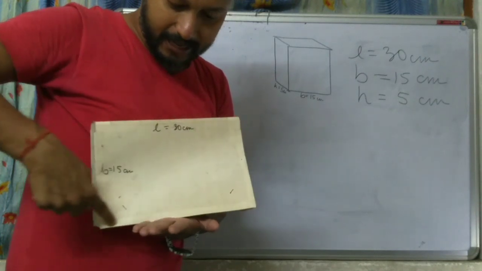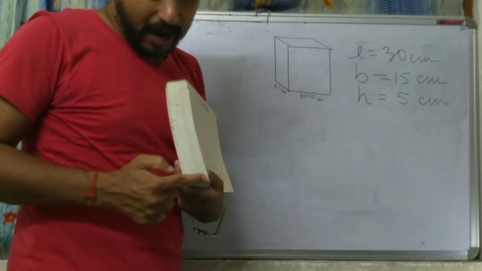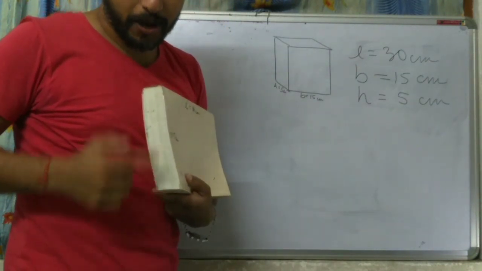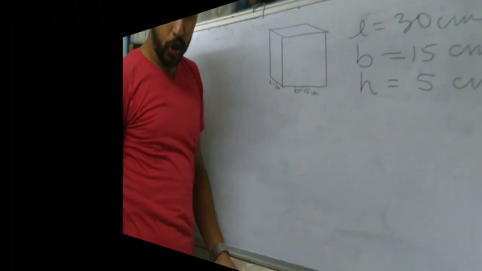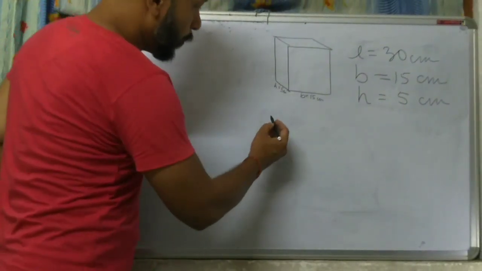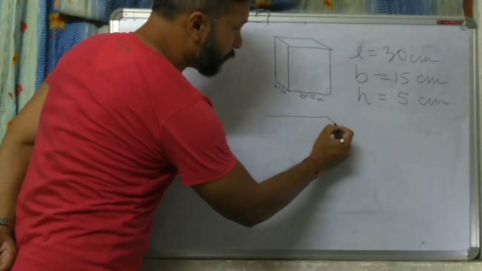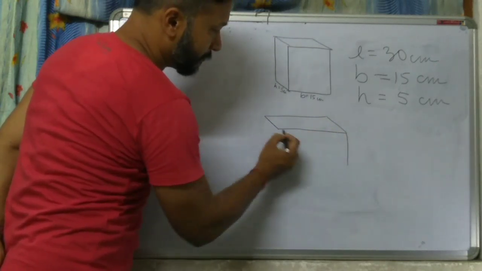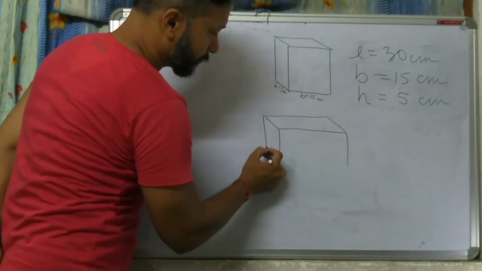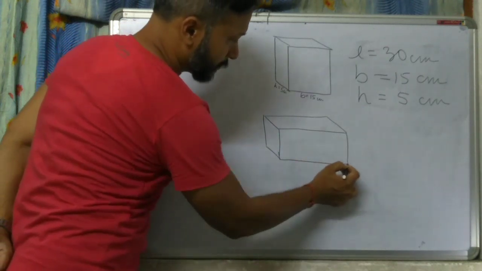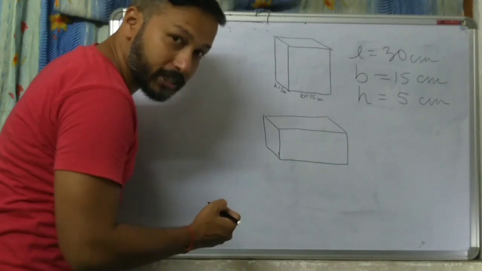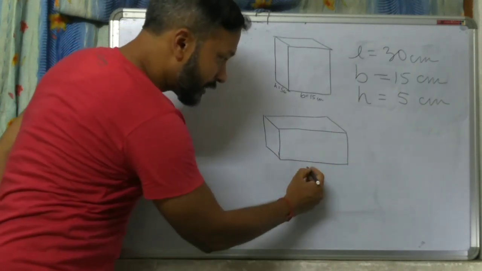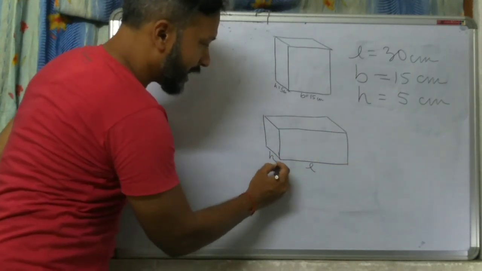Its length and its height are in touch. Breadth is not in touch. So when you are keeping your book this way, see, I am drawing it. In this way, then which portions are in touch with the table? The length and the height.